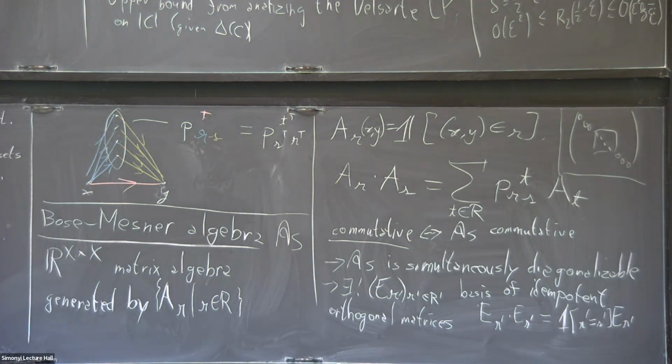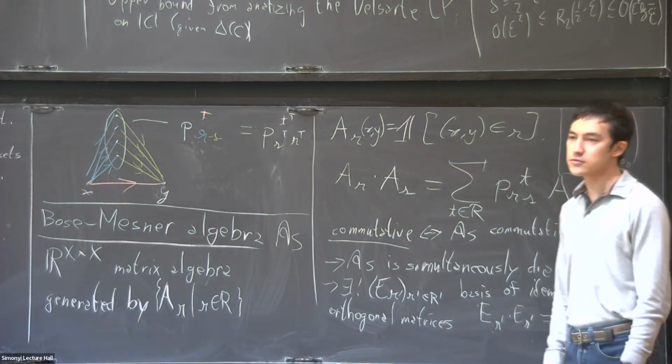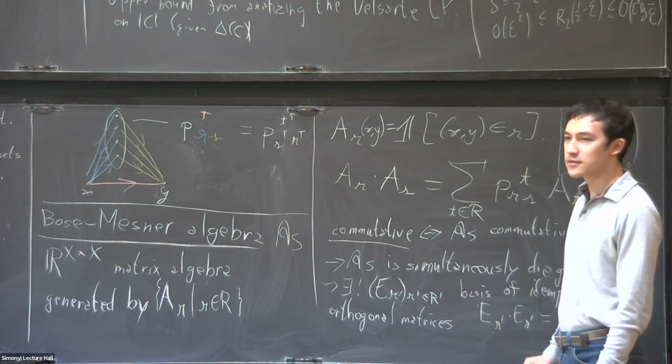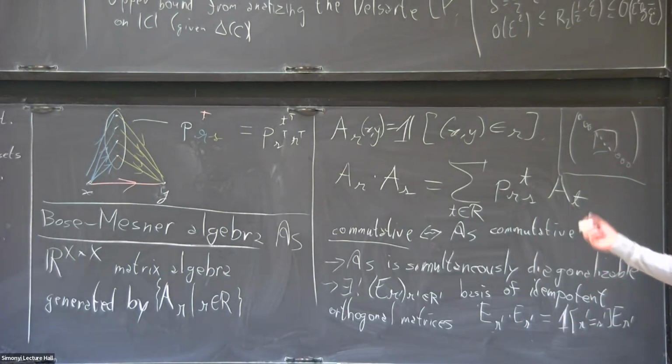Idempotent orthogonal means orthogonal projection? No, orthogonal means you take their product, if they're different, it's 0. In the symmetric case, these are orthogonal projections. Yes, in the symmetric case, the thing that simultaneously diagonalizes is going to be orthogonal. In the commutative case, in general, it's not, but in the symmetric, yes.